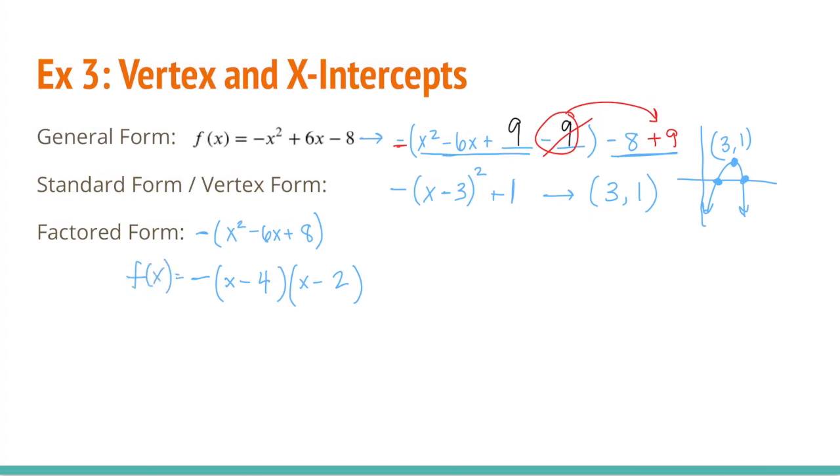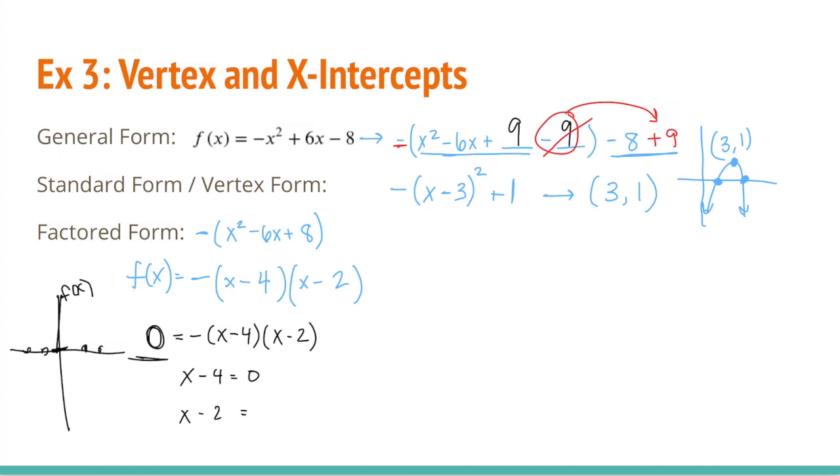These here, we already know how to set polynomials equal to 0 and find their roots. We set the y value equal to 0, right? Because at the x-axis where our x-intercepts are, the height is 0. Okay, so I can take both of those factors separately and set them equal to 0, and I get that my whole function equals 0 at x equals 4 and at x equals 2.